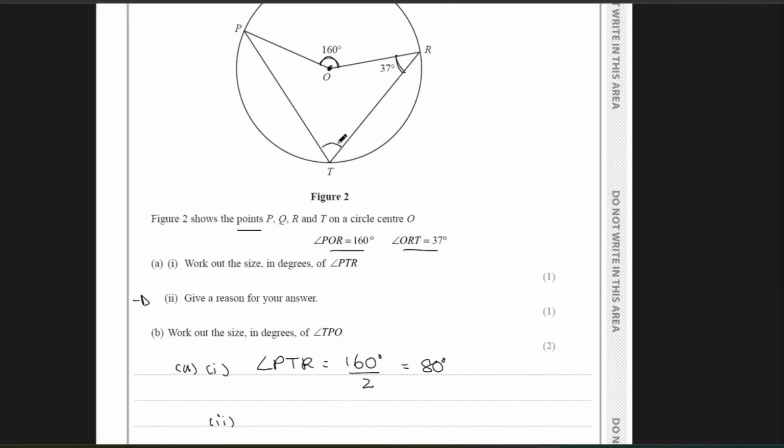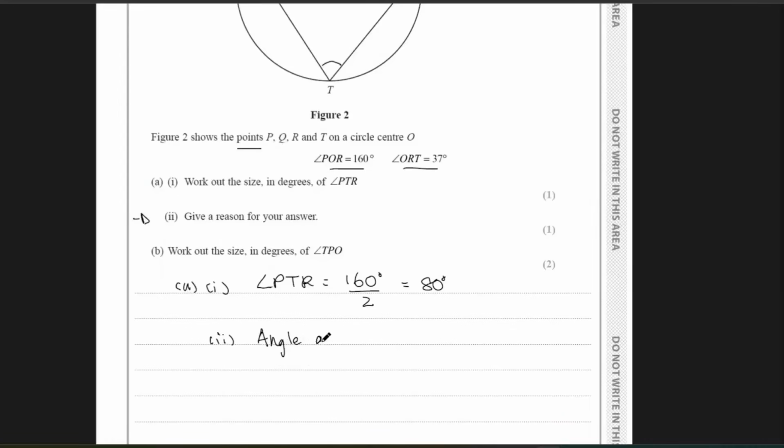The reason is the angle at the center is twice the angle at the circumference. And that's what we need to say. That's why angle PTR is half of angle POR. Angle at the center is twice the angle at circumference.